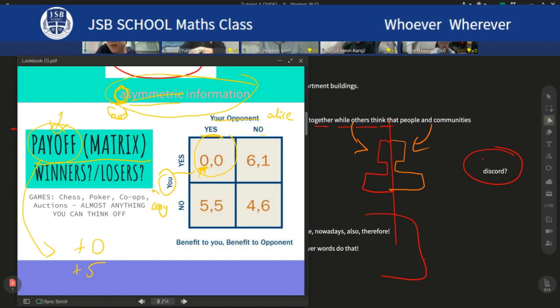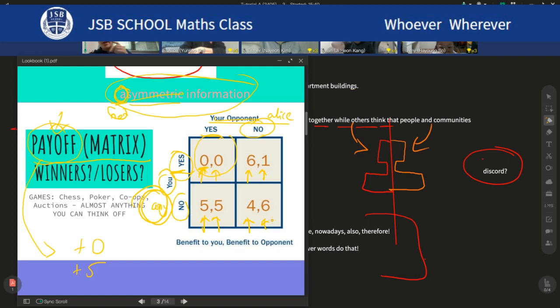So we read it like this. For Amy, if I say yes and Alice says yes, I would get 0 and she would get 0. If I say yes and Alice says no, Amy gets 6 and Alice gets 1. Same for here. Amy gets 5, Alice gets 5, Amy gets 4, Alice gets 6.